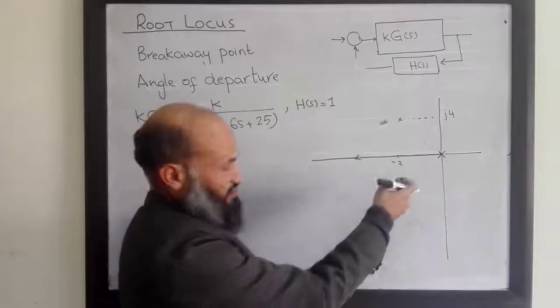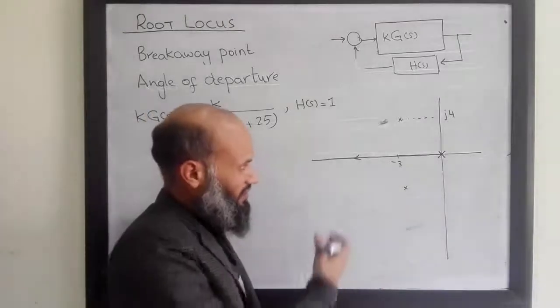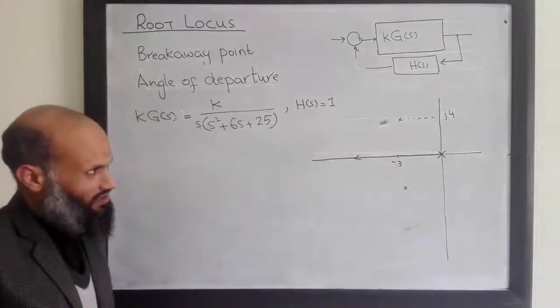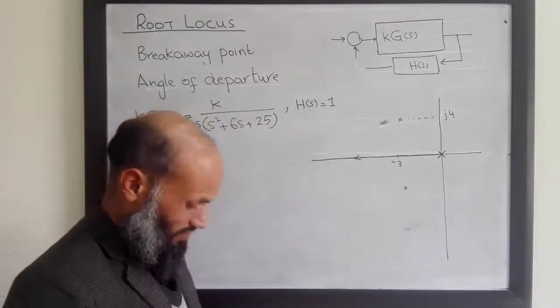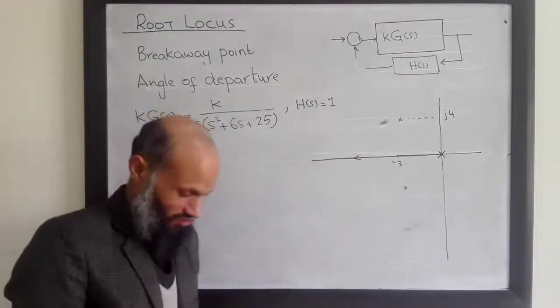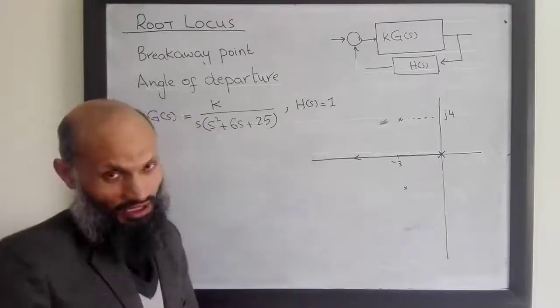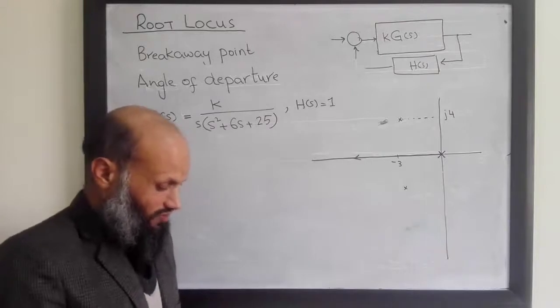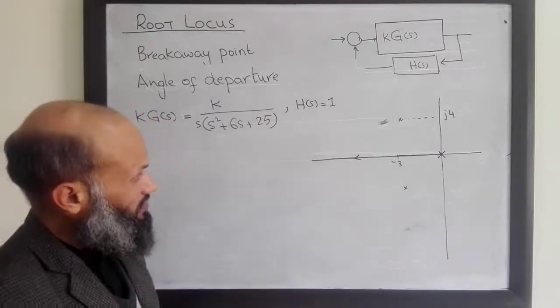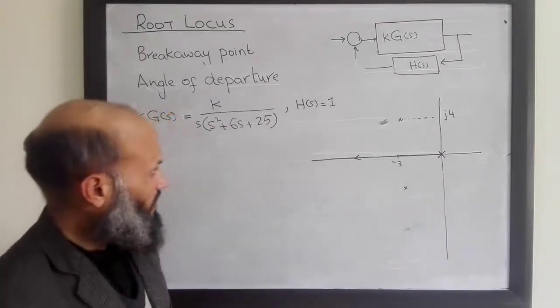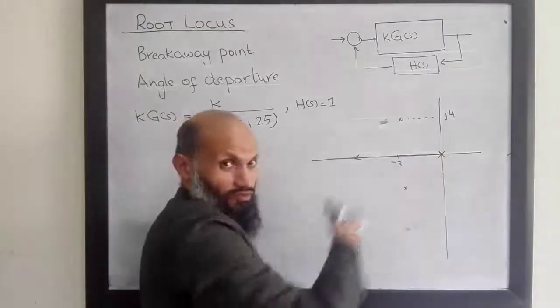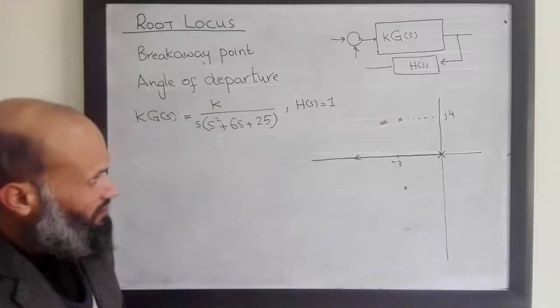Here there are 3 finite poles and no finite zero, so therefore there will be 3 asymptotic lines. Center of those asymptotic lines can be easily determined, and also the angle of all these asymptotic lines can be determined. The root locus which will start from these poles will follow the asymptotic lines.